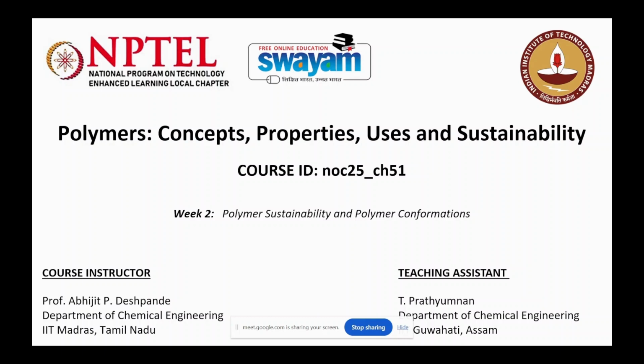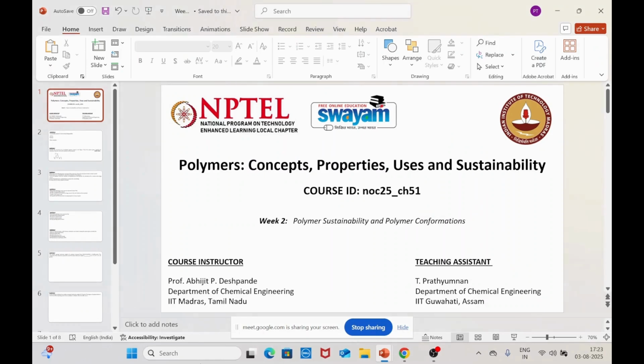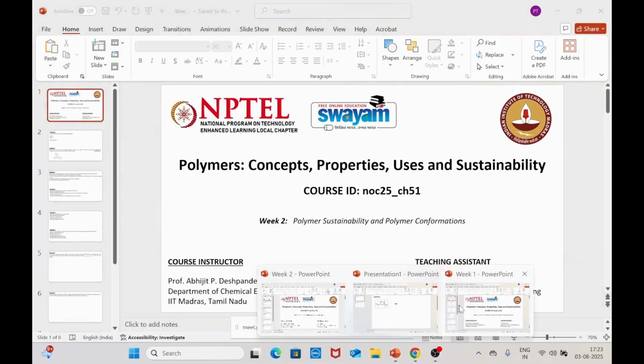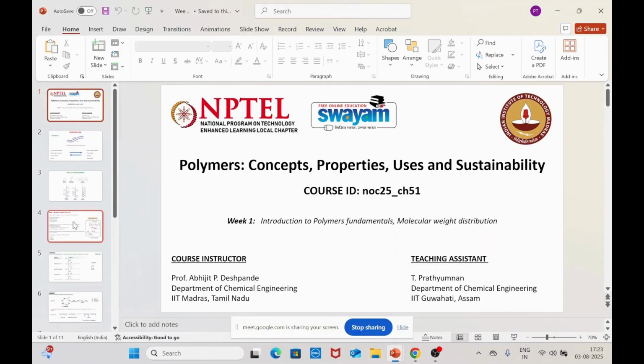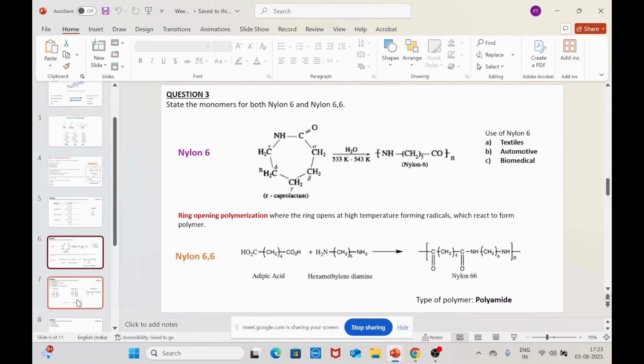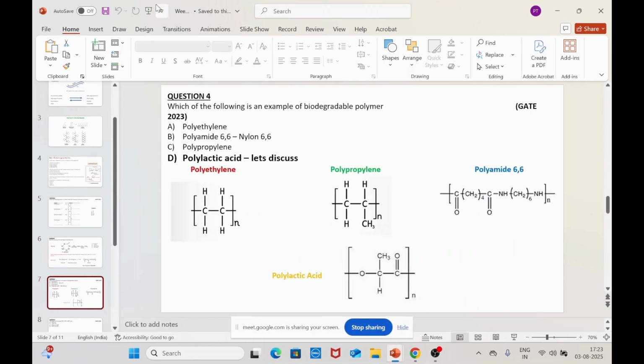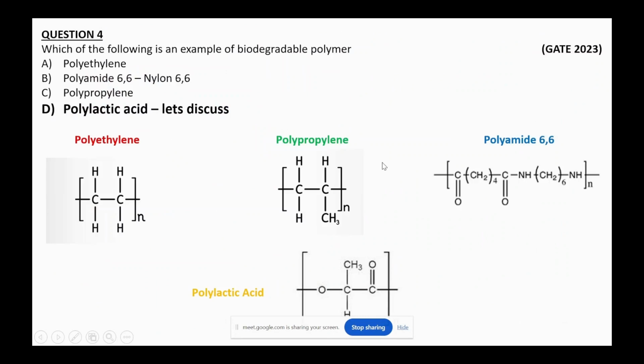In the last class, I hope you remember, we discussed a question, Question number 4. The question was, which of the following is an example of a biodegradable polymer? We had four options. It was a GATE 2023 question.